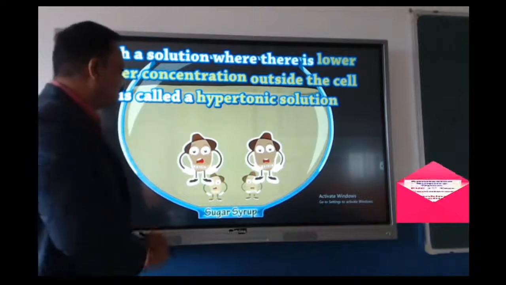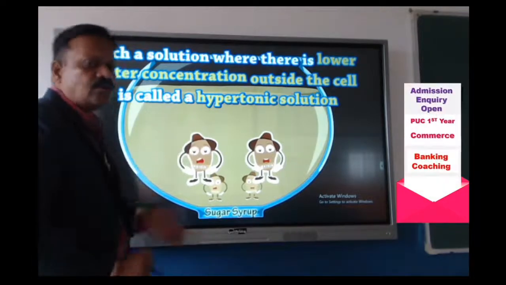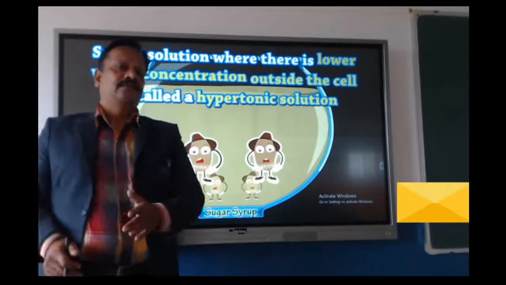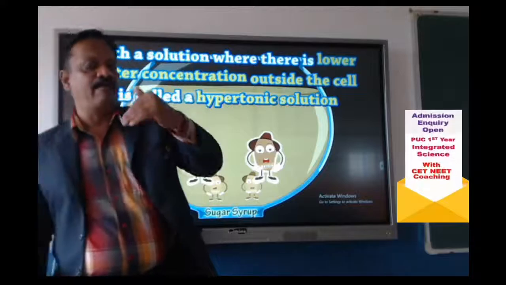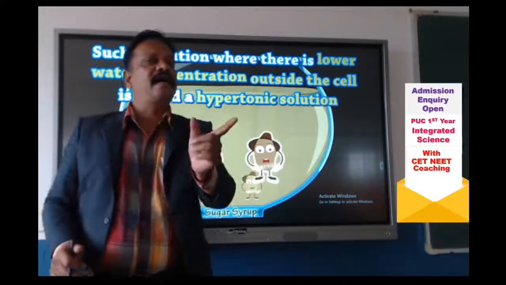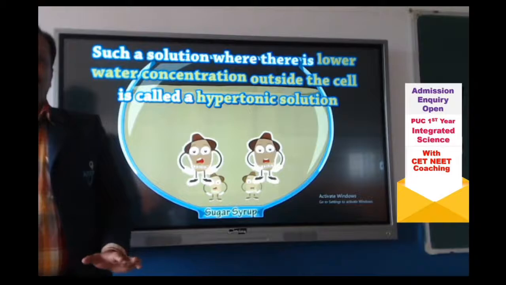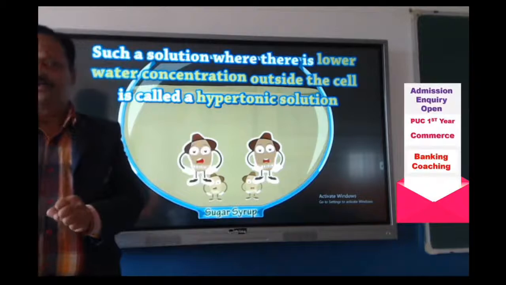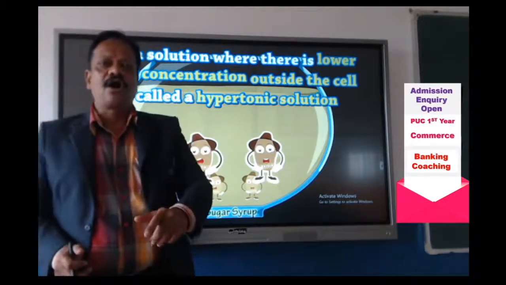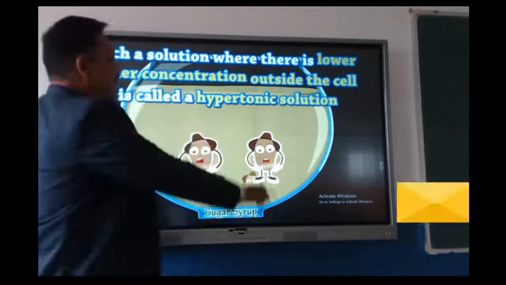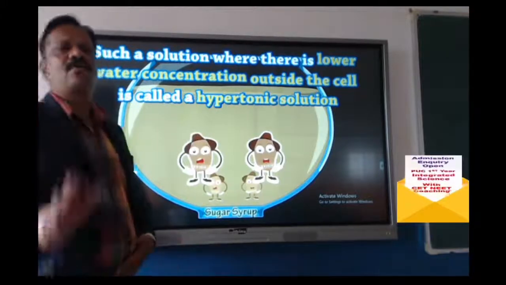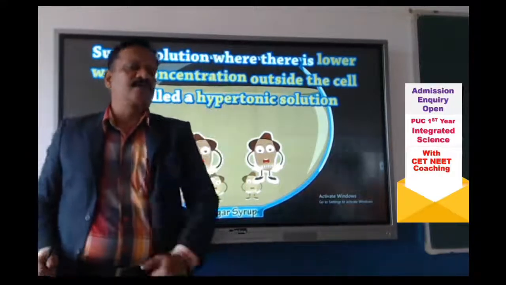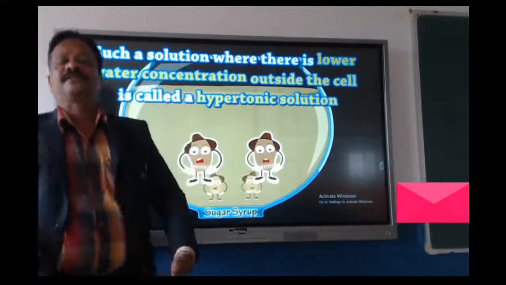So when the water moves out, the process is called exosmosis. When water comes from outside to inside and its size grows, we call it endosmosis. When water goes from inside to outside and the volume decreases, it is called exosmosis. So in a hypertonic solution, always exosmosis is taking place. If it is a hypotonic solution, then always endosmosis is taking place.